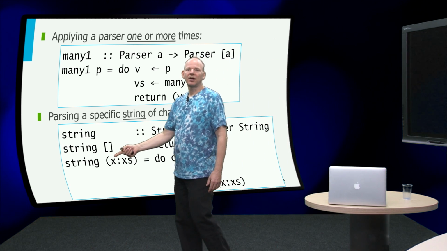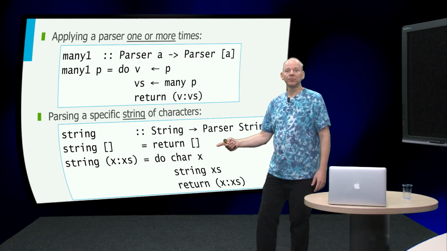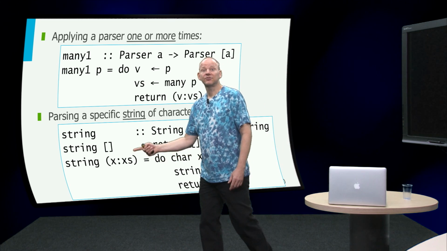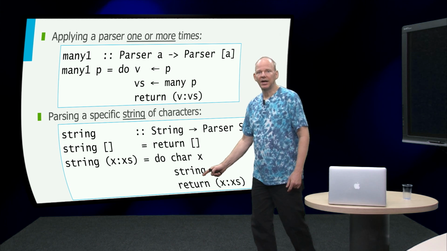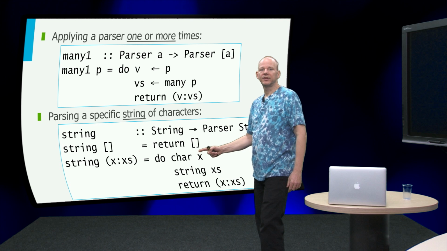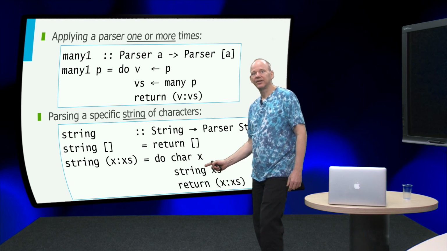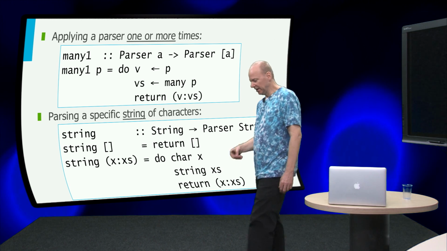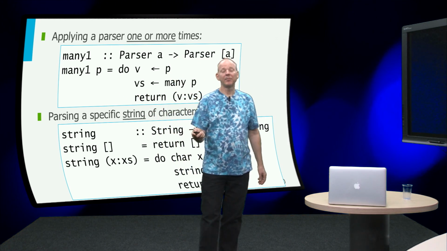If I try to parse the character X cons Xs, I try to parse the character X. I recursively try to parse a string that represents the rest of this thing, and then I return the result. I found an X, so I return that, and I return the string. So this just checks whether this string is the prefix of my input.